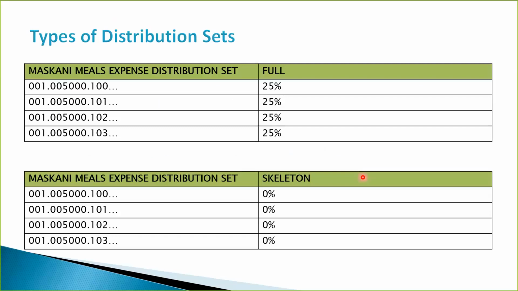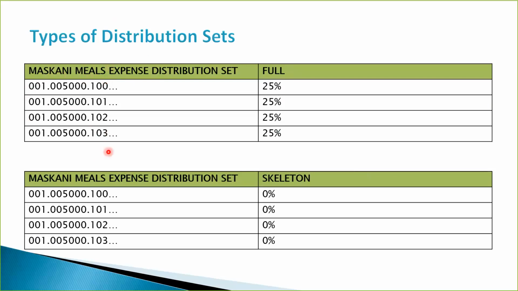Now this is just a representation of what we have just said. In this example, I've used the Mascani meals expense distribution set. If it's a full distribution set and you have 4 divisions, these are the divisions that I've used. It could be departments or anything. They just have to be different accounts or code combinations.